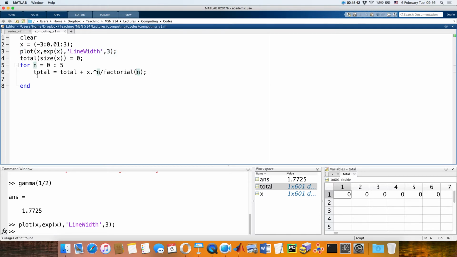And now I want to plot at each step that I add another polynomial, the function total, okay? But I don't want to erase whatever I've plotted before, so I type in hold on. Okay, hold on to that plot.